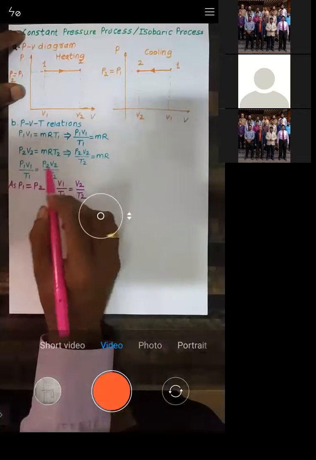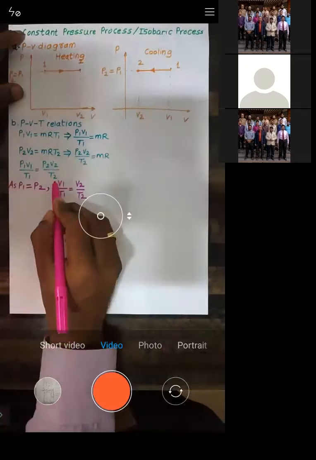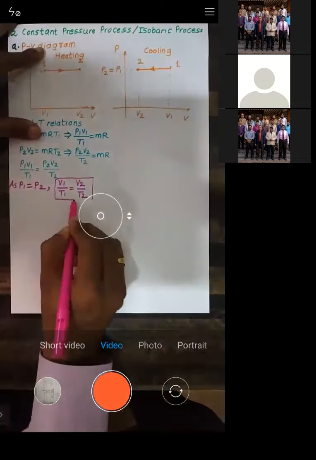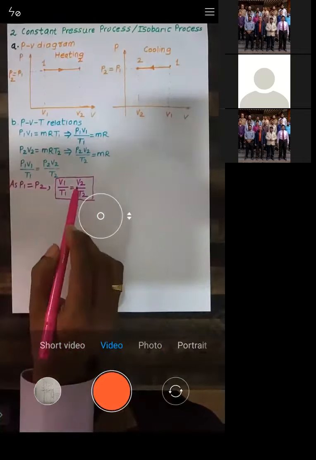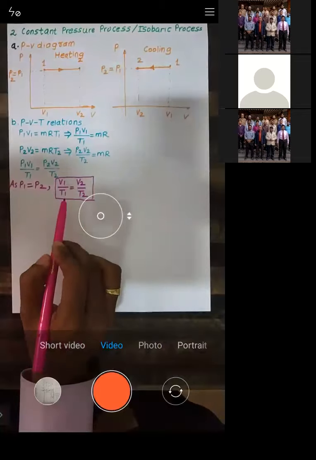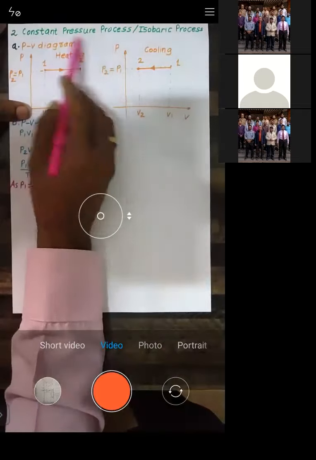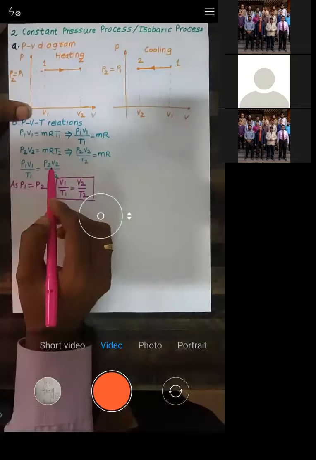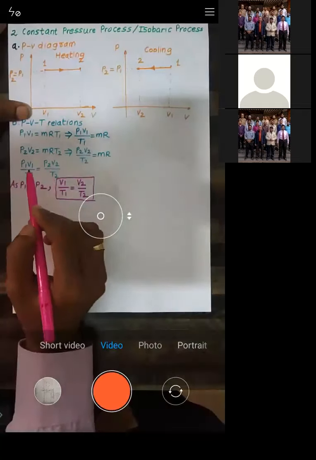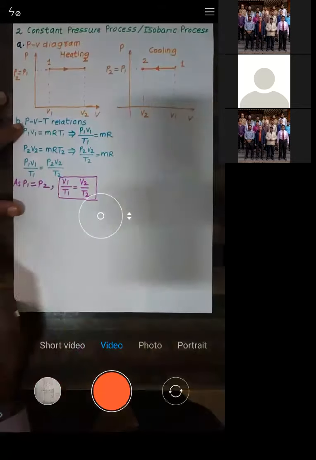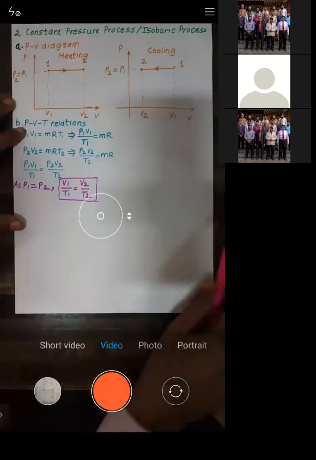What is remaining is V1 by T1 is V2 by T2, right? This is a relationship between volume and temperature when pressure is held constant. Because when the pressure is constant, it gets cancelled, and you have a relationship between only volume and temperature. Is it okay with this one? Yes or no?